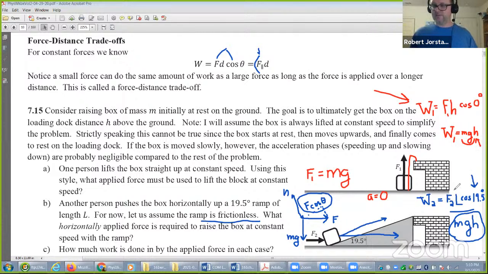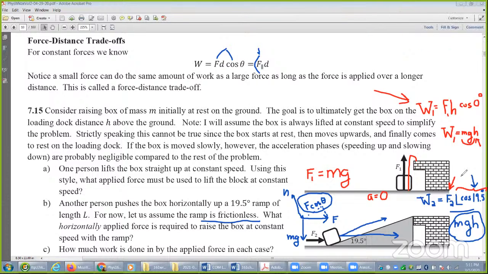If we use a ramp, we can use a smaller force, F2, but over a longer distance and get the same result. Now, there's some subtleties to this even still. We'll get to those in a minute. But the idea here is if you apply a smaller force over a longer distance, you can get the same amount of work done. All right, questions on this?